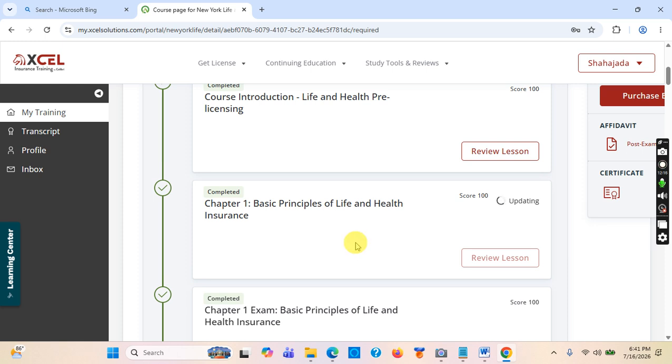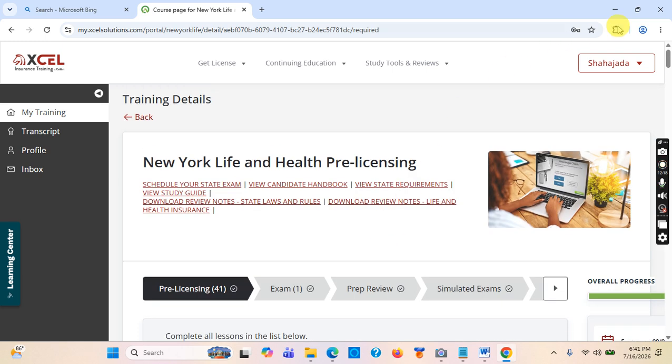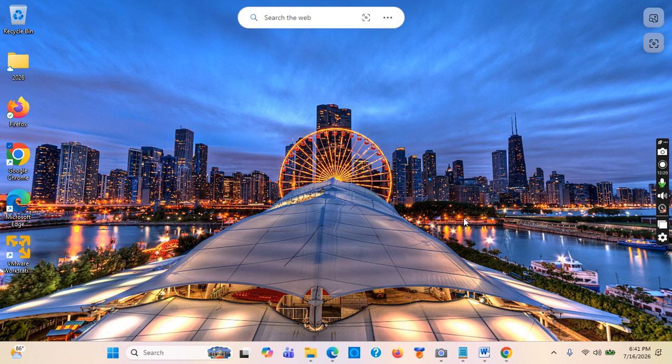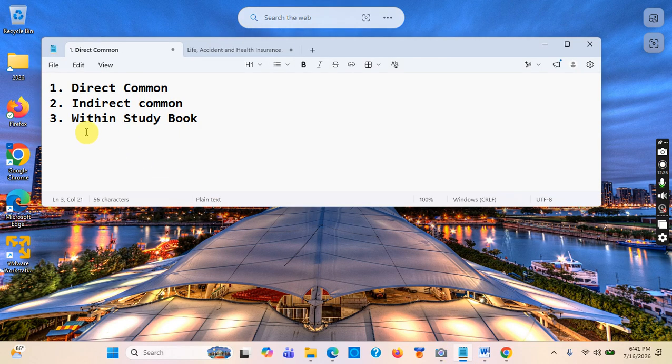These books could be online books or hard copy books printed on paper. If a question comes from within that book, but not from the practice questions, that is called within study books. This is where most of the questions come from. Direct common, very few. Indirect common, also very few. Most of the questions come from within the study book.